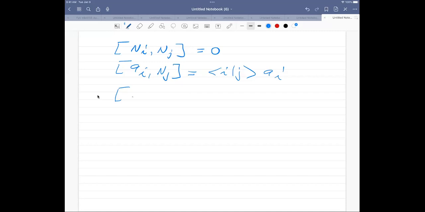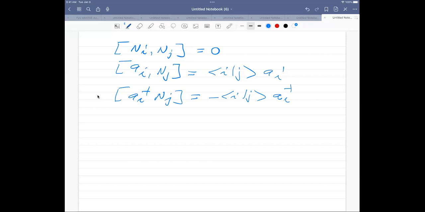And then I have another relation here. I just invite you to play around a little bit with it, and you can show that this is equal to minus the overlap of i and j, times a_i dagger. So this is a case where you require, obviously, that if you have an orthogonal basis, i has to be equal to j.